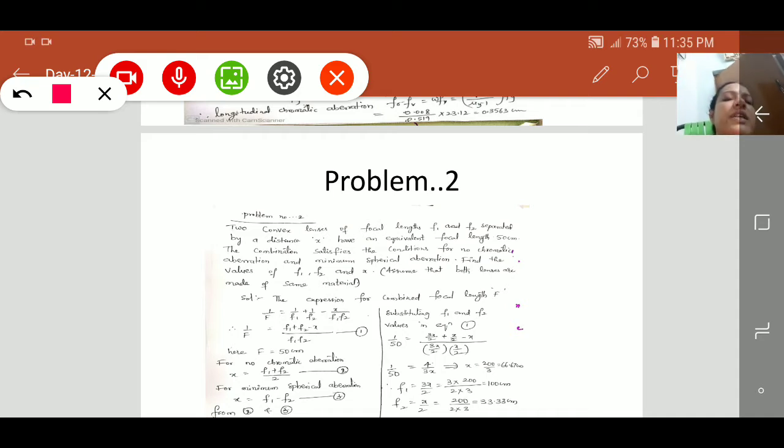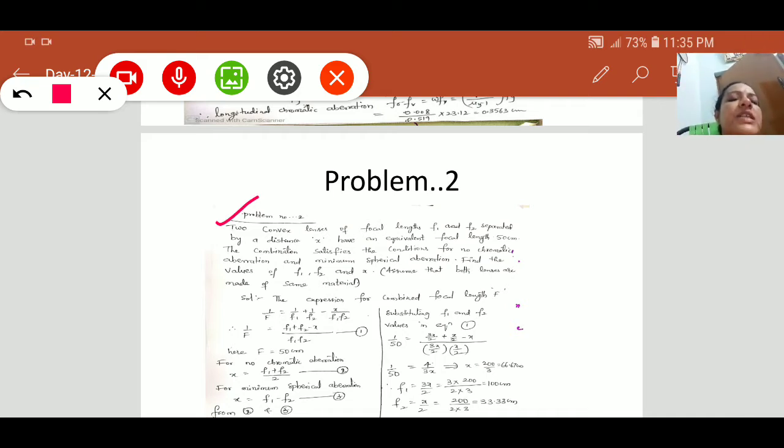Two convex lenses of focal lengths f1 and f2, separated by a distance x, have an equivalent focal length of 50 centimeters. The combination satisfies the conditions for no chromatic aberration and minimum spherical aberration. Find the values of focal lengths f1 and f2. Here assume that both lenses are made of the same material.